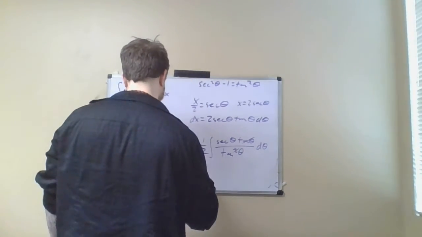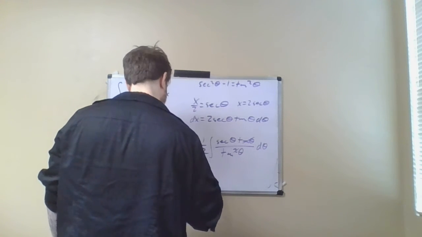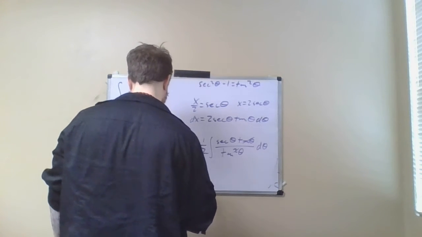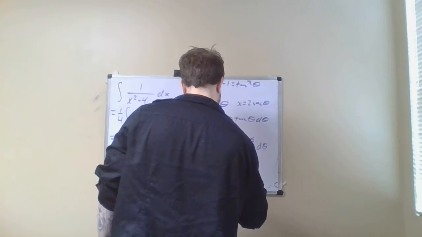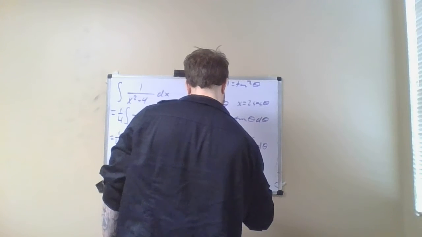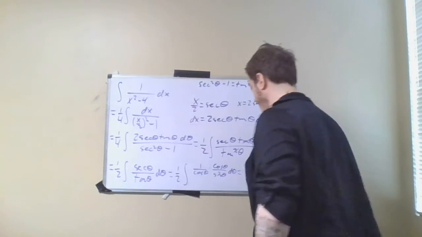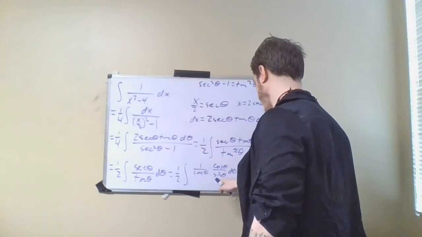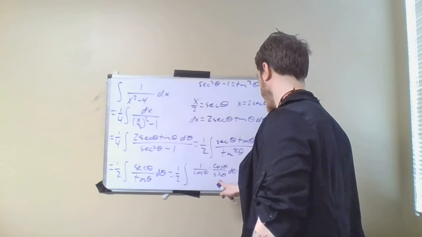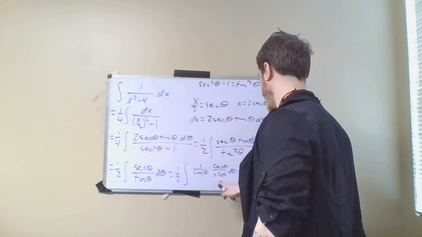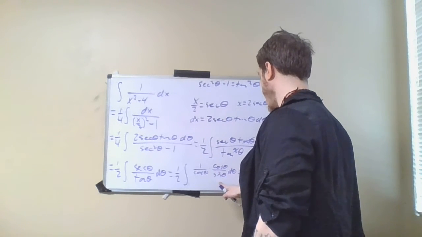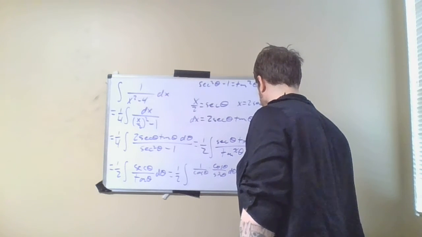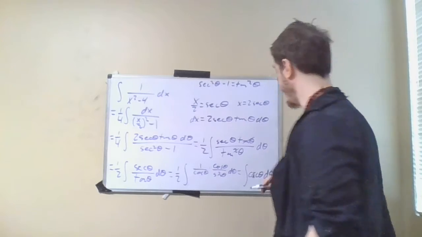So this is going to be 1/2 integral of 1 over cosine theta times cosine theta over sine theta d theta, and that is going to become 1 over sine theta, so that's just going to be cosecant theta d theta.